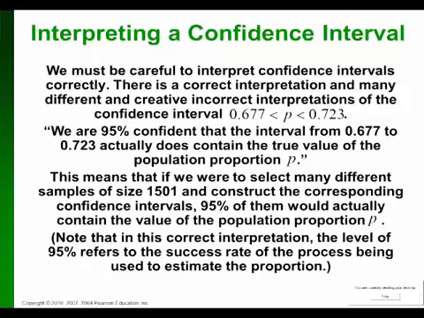This means that if we were to select many different samples of the 1,501 sample size referring to global warming and construct the corresponding confidence intervals, 95% of them would actually contain the value of the population proportion P. If we put all the people in the world in a big bucket and drew out 1,500 of them at a time, 95% of the time, the proportion of that 1,501 that believed in global warming would fall somewhere in this range.